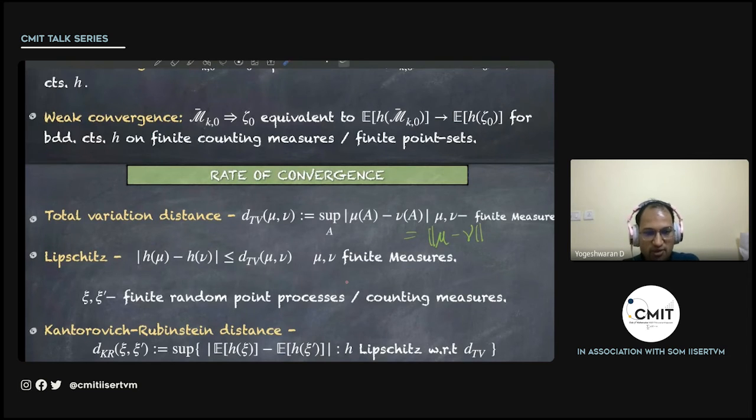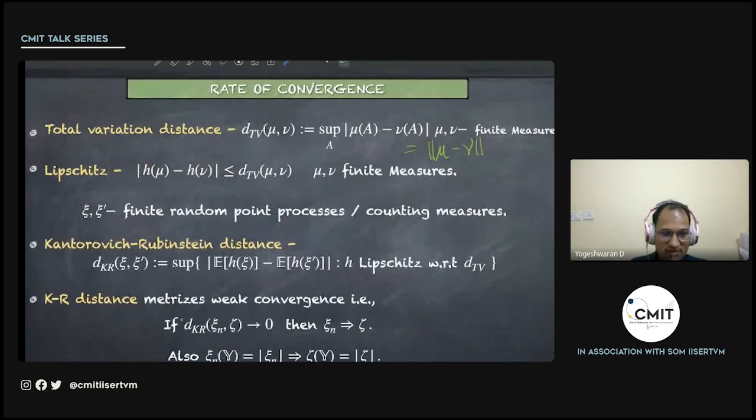What is important for us is the following: if the Kantorowicz-Rubinstein distance d_KR goes to 0, weak convergence is true.